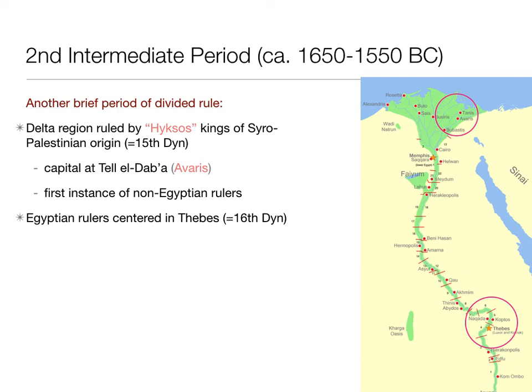So, according to Egyptian lore, these were just hated enemies that come in, usurp power and set up a whole system on their own. But more likely, they had been trading with these people for a long time.